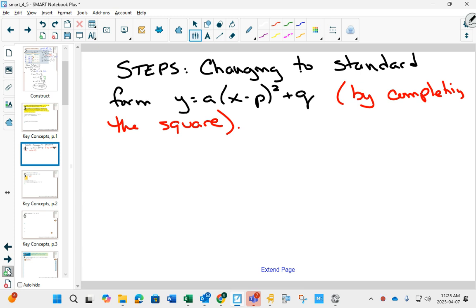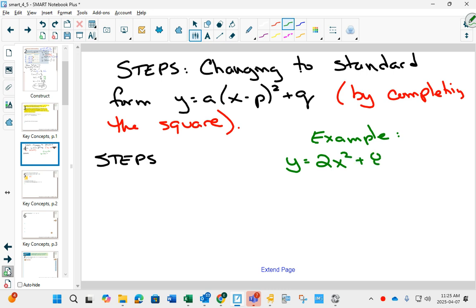So what I'm going to do is on this side, I'm going to have steps, and on this side in green, I'm going to take an example and actually do it as we do the steps. So step number 1.